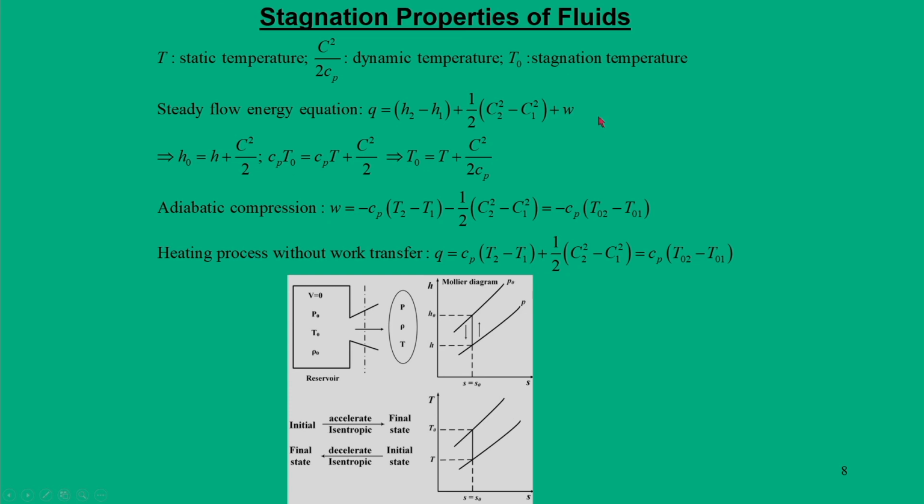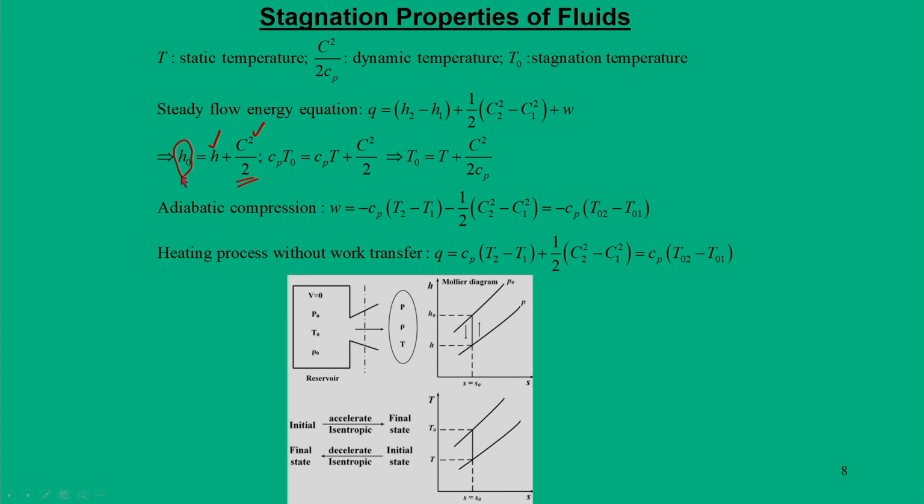Now, if you apply this equation at two different states, one at the stagnation state and the other at an arbitrary state, and without any work and heat transfer, the equation can be represented as H naught is equal to H plus C square by 2. So, implicitly H naught accounts for the static enthalpy and the enthalpy associated with the kinetic energy.